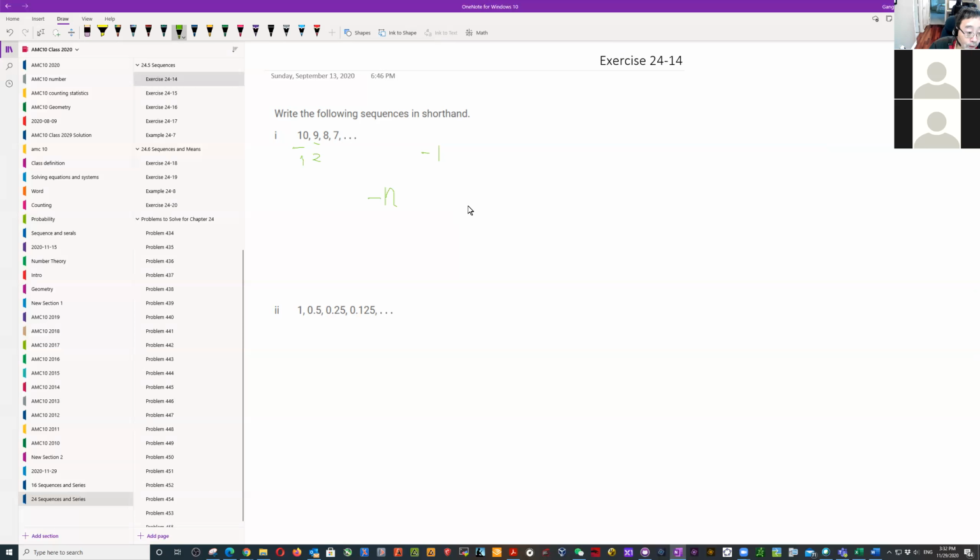For n equal to 1, a1 equals some number x minus n, which equals 10, and n is 1.